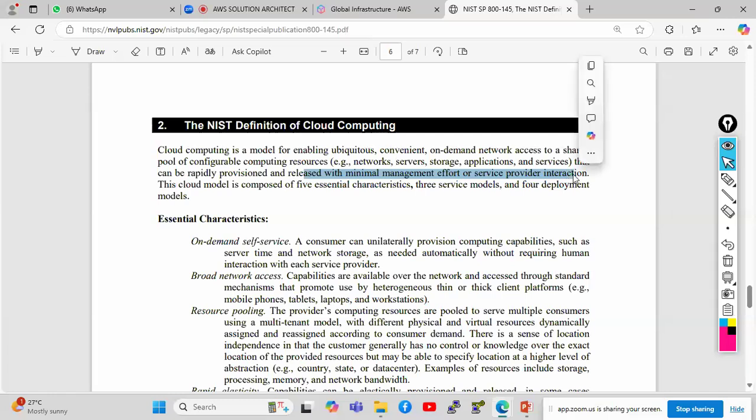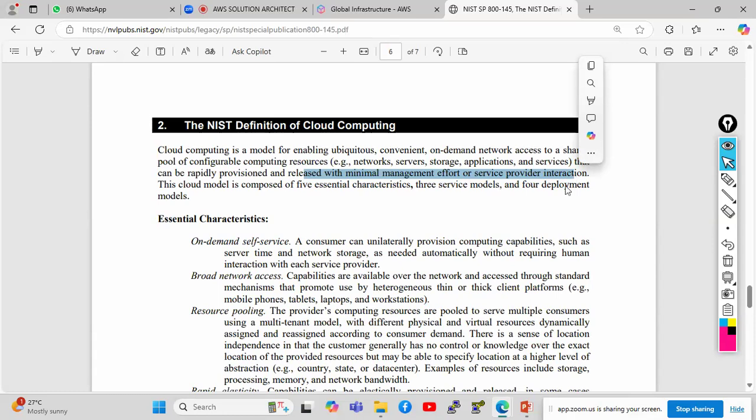Whenever you want some servers, you can implement them, and whenever you don't want them, you can terminate them without asking permission from the provider. You don't have to request the service provider saying I need the server, I need the storage devices. You want it, you turn it on, and the moment you're done, you can close it without interaction of the service provider.